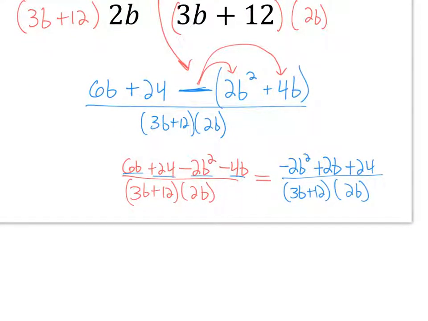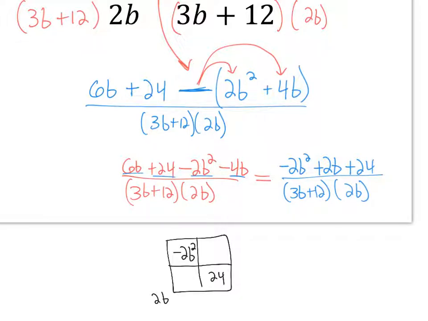Now, I've got to be really careful, because at this stage in this problem, I'm thinking, oh, can I factor the numerator? So I'm going to try factoring it off to the side. Let's do this in black. So if I try factoring, I try negative 2b squared plus 2b plus 24.